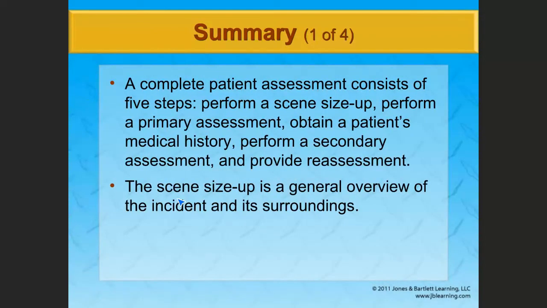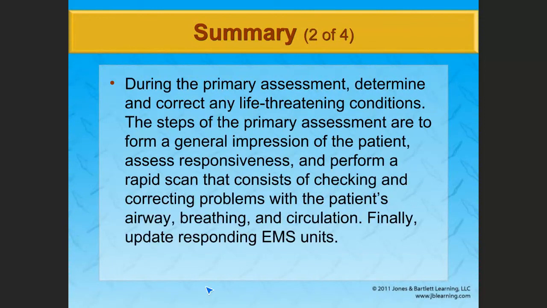Now, in summary, a complete patient assessment consists of 5 steps. Perform a scene size up, perform a primary assessment, obtain a patient's medical history, perform a secondary assessment, and provide reassessment. The scene size up is a general overview of the incident and its surroundings. During the primary assessment, determine and correct any life-threatening conditions.